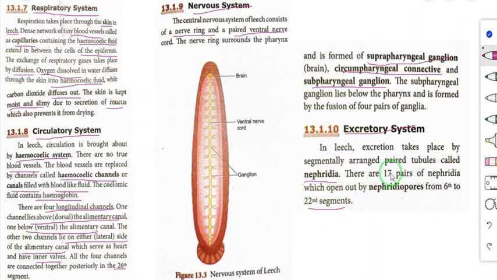So how many pairs of nephridia are present? 17 pairs. In which region do they open? The 6th to 22nd segments.